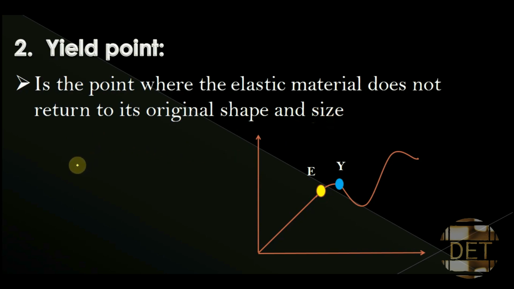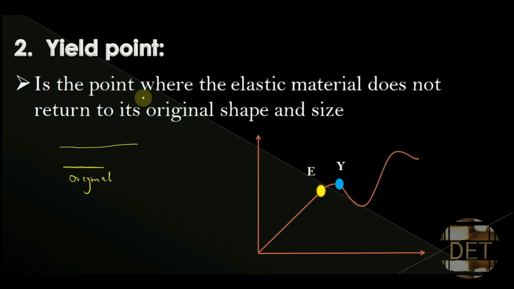Let's say this is an elastic material and this is its original shape. If you stretch it to this extent and it does not return to its original shape, then we say the elastic material has attained the yield point.